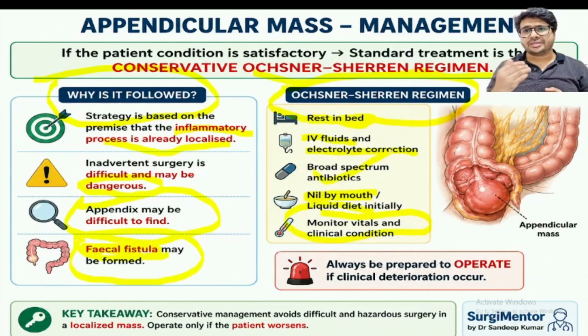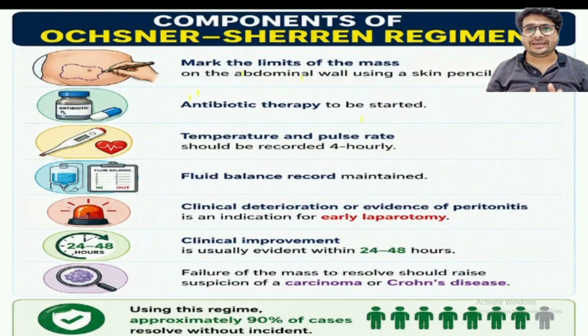So what are the components of the Ochsner-Sherren regime? You have to mark the lump and keep on measuring the size, whether it is increasing or decreasing. You have to start the antibiotic therapy. You have to take the temperature every 4 hourly or 6 hourly, and you have to maintain the fluid balance of the patient.